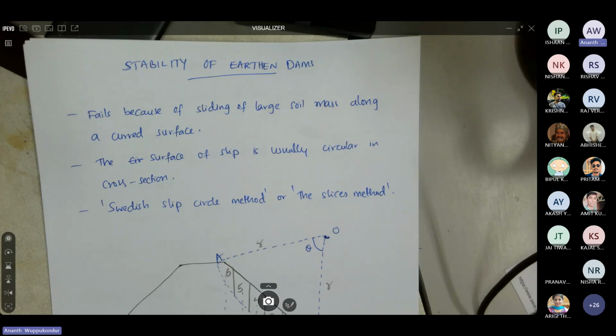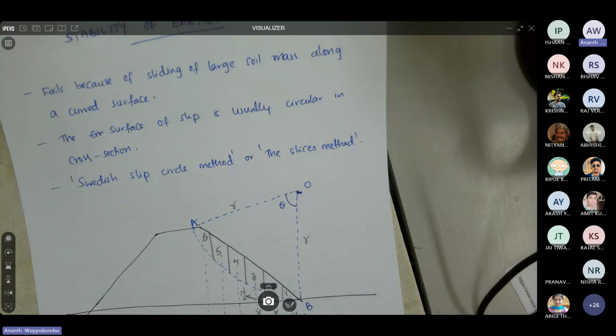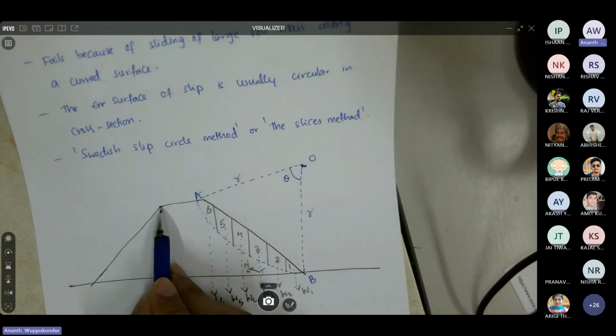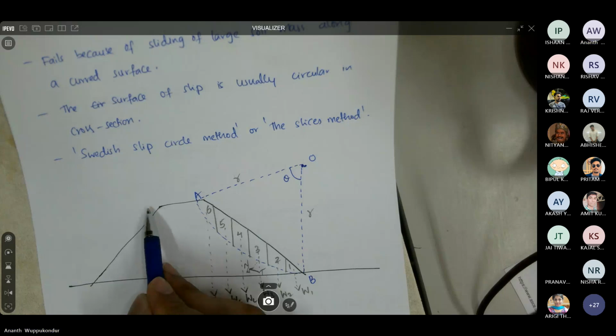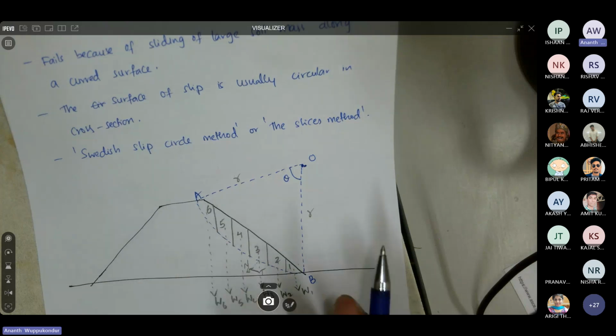Now, to analyze the stability of earthen dams, in the last class we discussed the preliminary section for the earthen dam. We start with the top width of the embankment based on the requirement. For example, if you want to provide a single lane road or a double lane road, then the top width would be fixed according to the requirement.